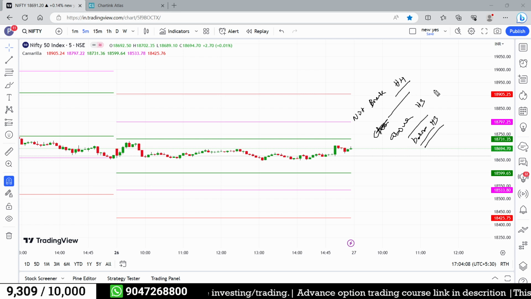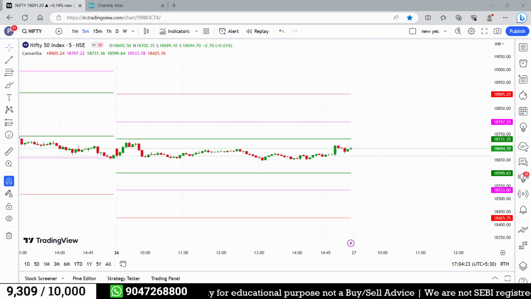If you are following this, it would be a better reversal trade opportunity at this level of resistance 3, or H3. We can create this code in this video, and in the next video we will make even better opportunities for this Camarilla pivot point scanner.